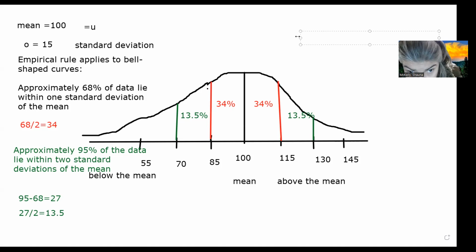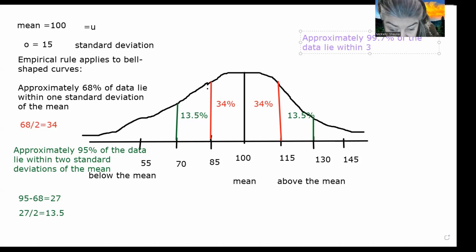The third piece of the empirical rule says that approximately 99.7% of the data lie within 3 standard deviations of the mean.